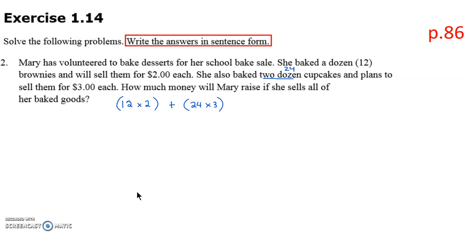What I've done here is set up an expression that allows me to show my plan in a systematic way. This is often the area that we need the most practice with. We're going to get an answer, we don't know what it is, so we're going to do the math, and then we'll be able to determine what our answer is in dollars.